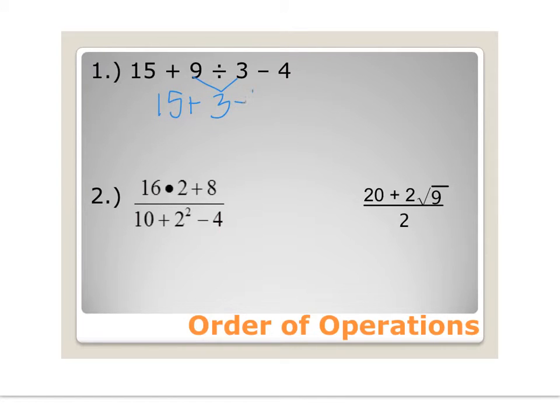Rewriting everything else. And then there isn't any other multiplication or division. So now I add and subtract from left to right. And so you end up with 14 as the simplified answer for this expression.